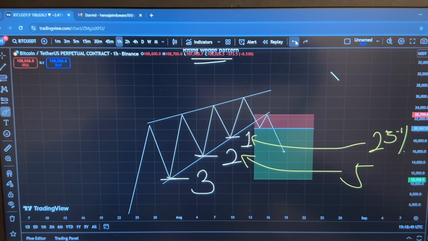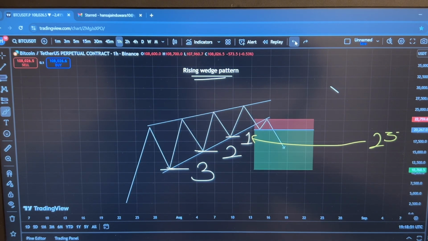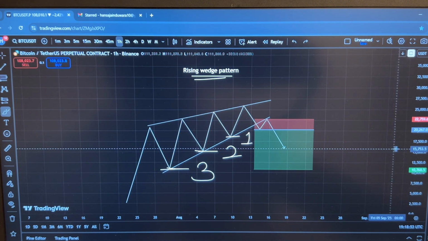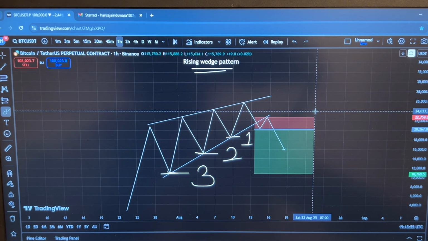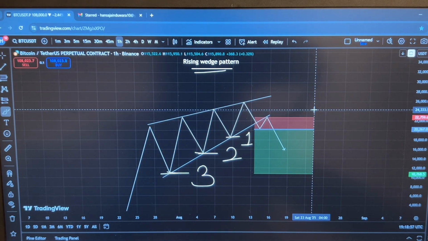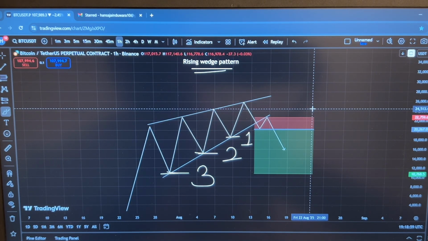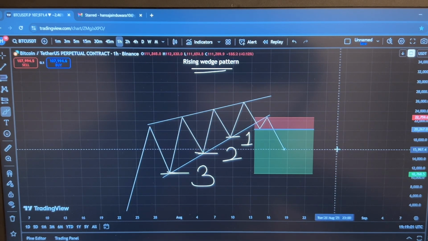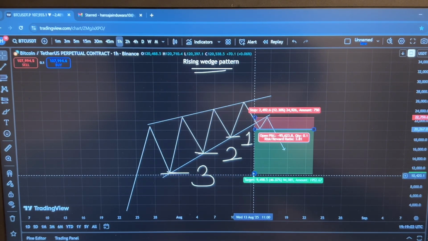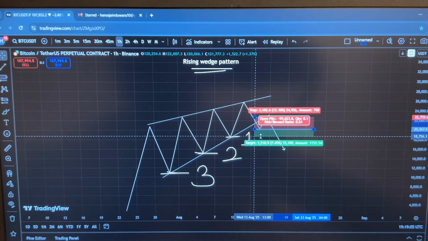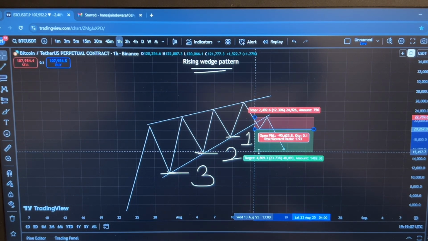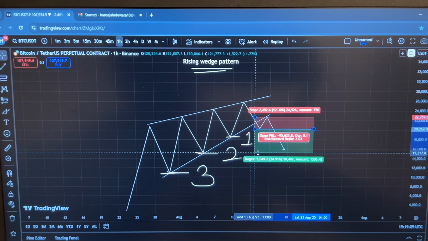There are multiple levels of TPs in this rising wedge pattern, as well as the falling wedge. It's going to be the same for all the wedge patterns. So like I said, at this level it's going to be 25%, and book 50% from number 2.